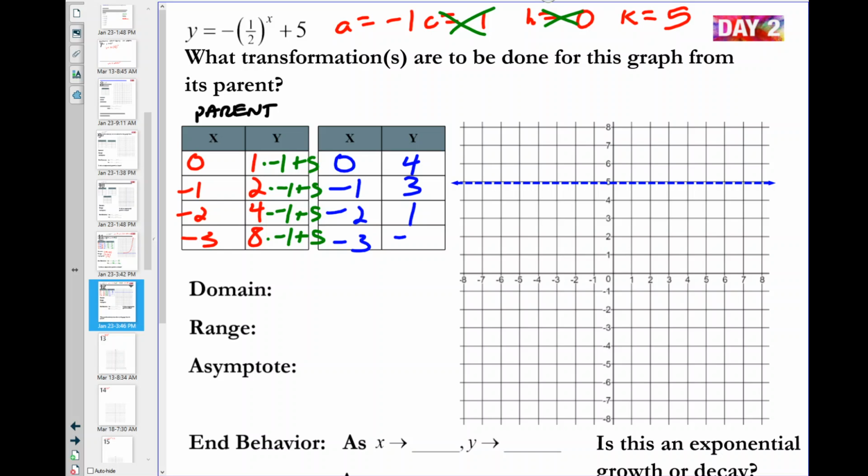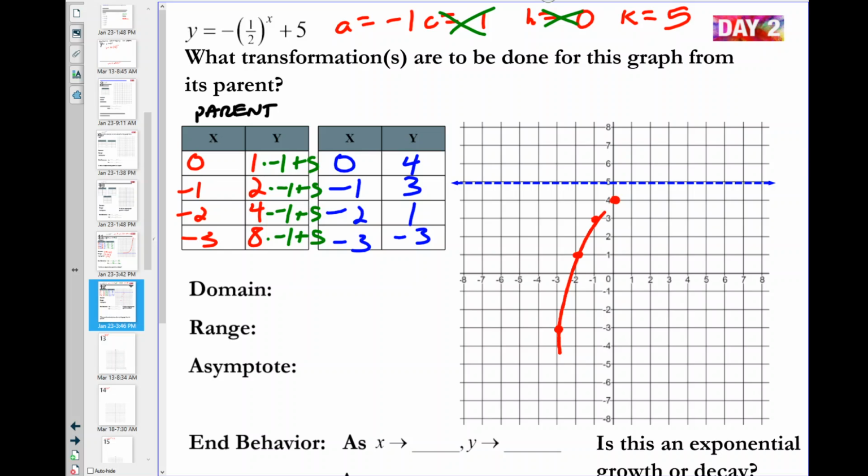Negative 8 plus 5 is negative 3. Mental math in the house. So 0, 4 is here. Negative 1 and 3 is right there. Negative 2 and 1 there. And negative 3 is here.